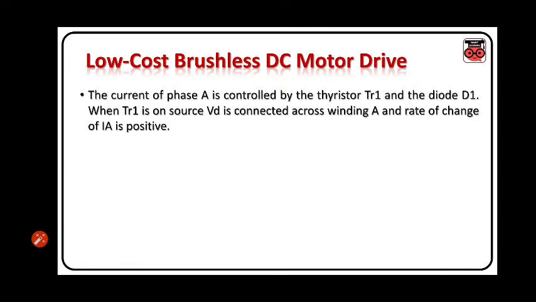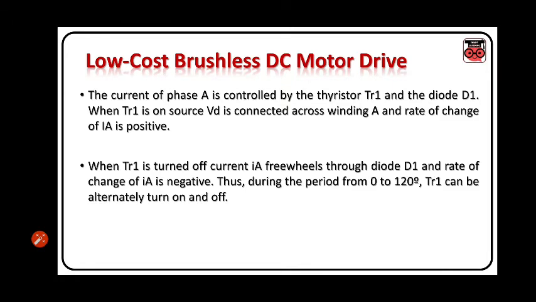From the figure, the current of phase A is controlled by the transistor TR1 and the diode D1. When TR1 is on, source Vd is connected across winding A and rate of change of Ia is positive.